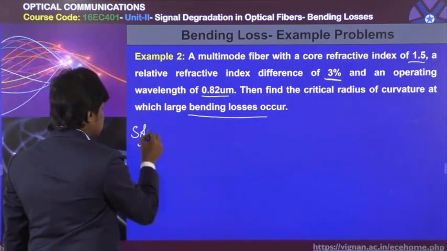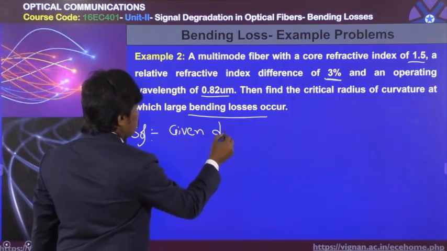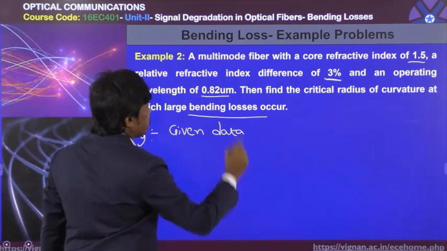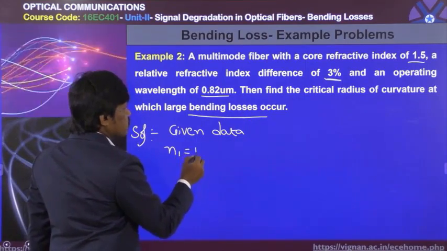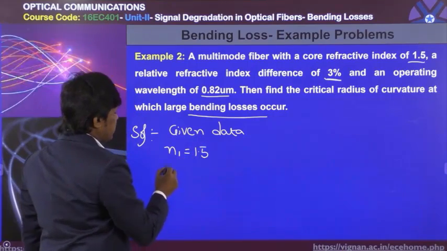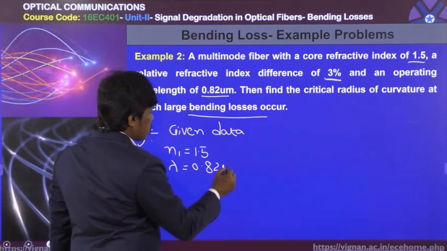So now solution is, the given data is core refractive index n1 equal to 1.5 and wavelength lambda equal to 0.82 micrometer.